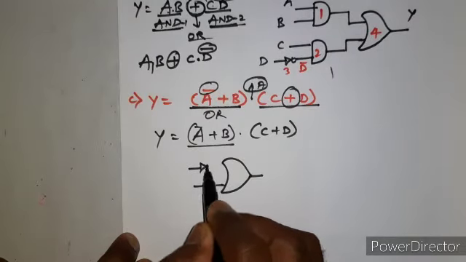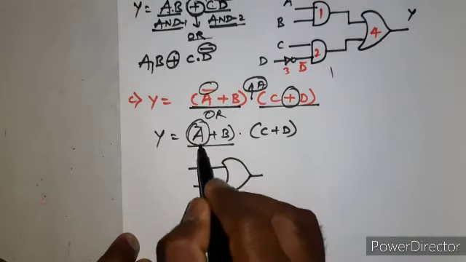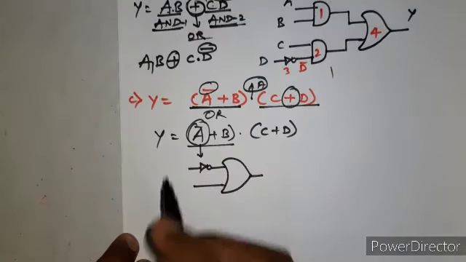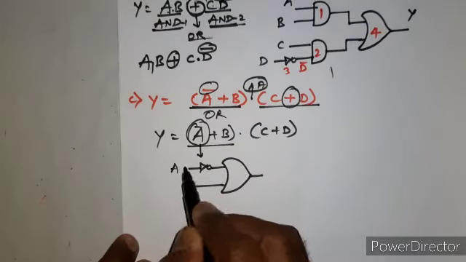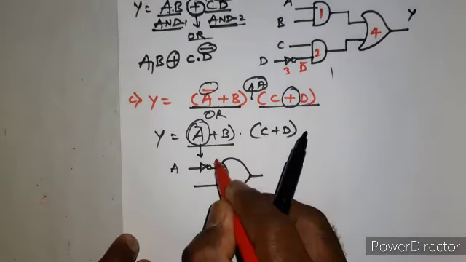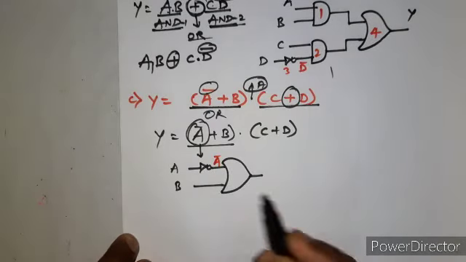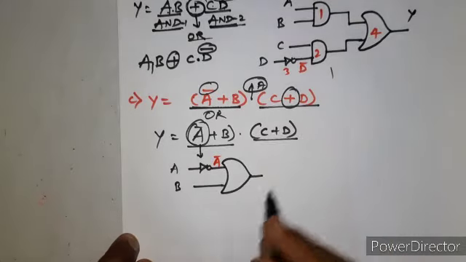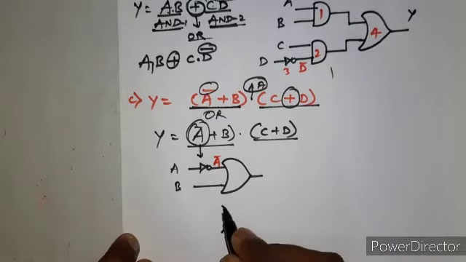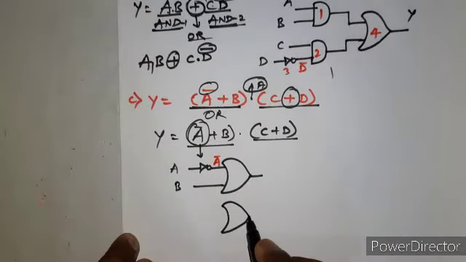A, we have here bar, that is why it should be represented in this form. So input is A, here it becomes A bar, and this is B, and then I need another OR gate whose input is C and D.